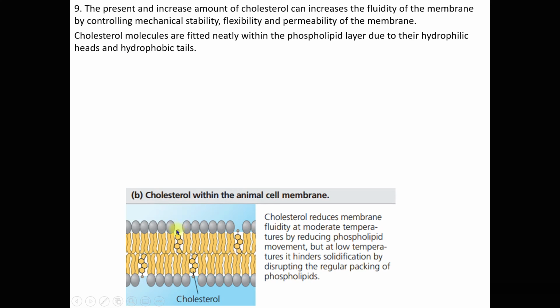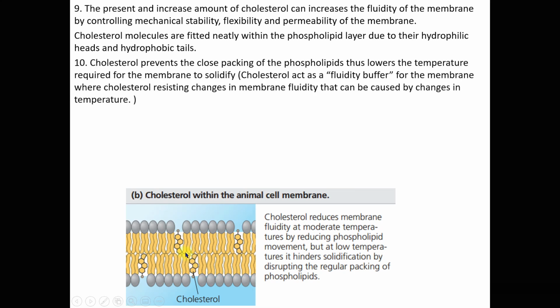So ini ialah hydrophilic head of the cholesterol, and this is the hydrophobic tail of the cholesterol. So this cholesterol apparently prevents the cross packing of the phospholipids, thus lowers the temperature required for the membrane to solidify.